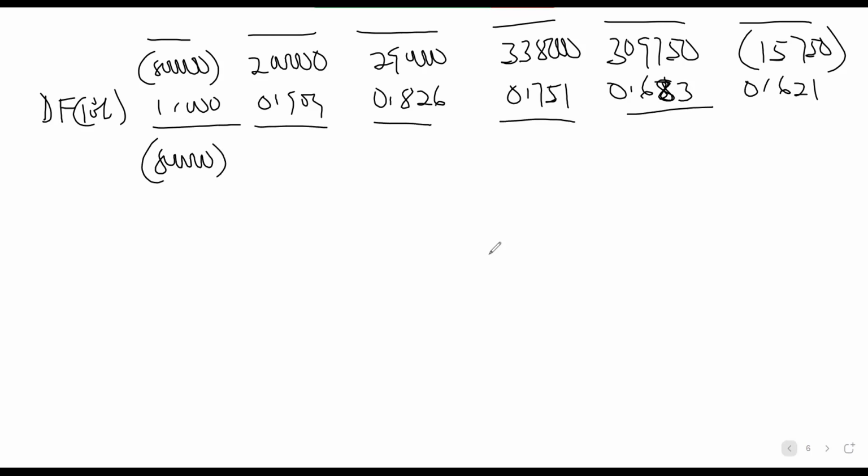Find the present value of the cash flows now. Year 1, 181,800. Year 2, 239,540.